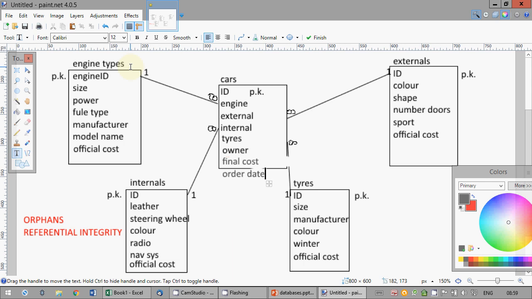So if you remove records from tables which have the one side of a relation, you are creating orphans.